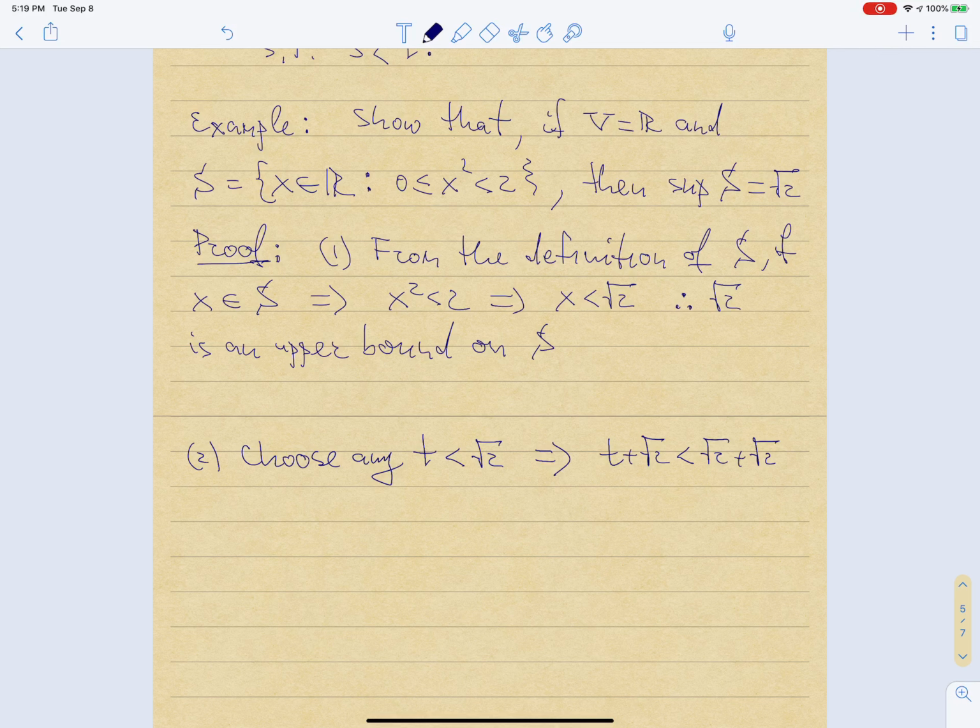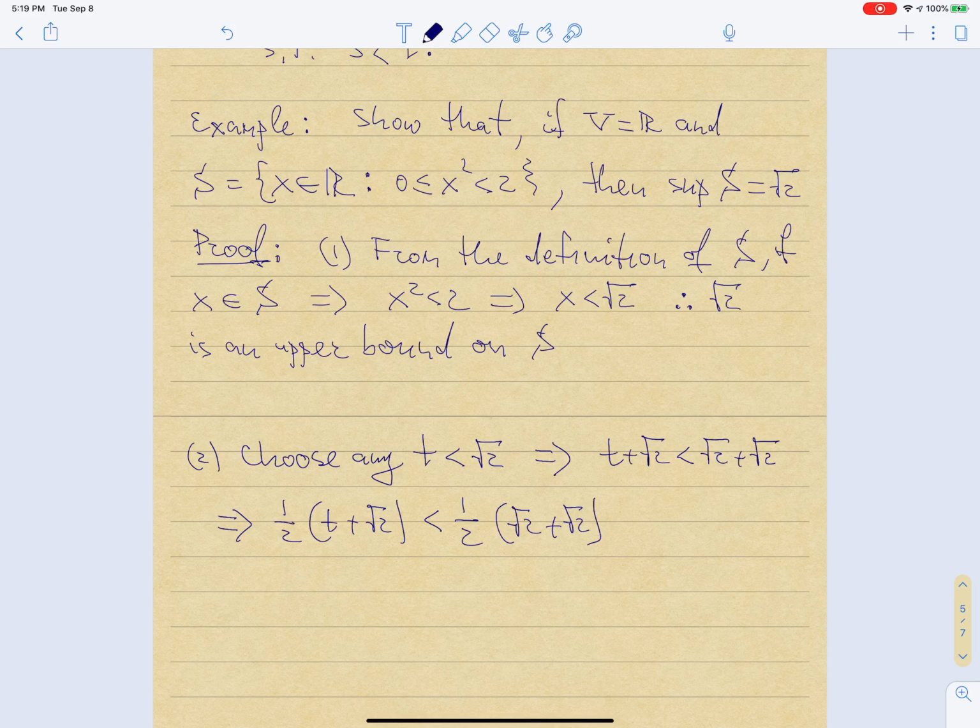So if that is true, then I can also multiply both sides of this inequality by the same number. If I multiply both sides by 1/2, I will have 1/2 times (t plus radical of 2) is less than 1/2 times (square root of 2 plus square root of 2).